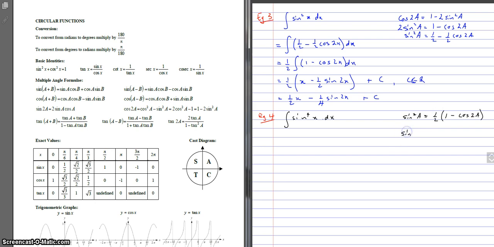So this becomes sine to the power of 4 a equals 1/4, because we're squaring the 1/2, times 1 minus cos 2a all squared.